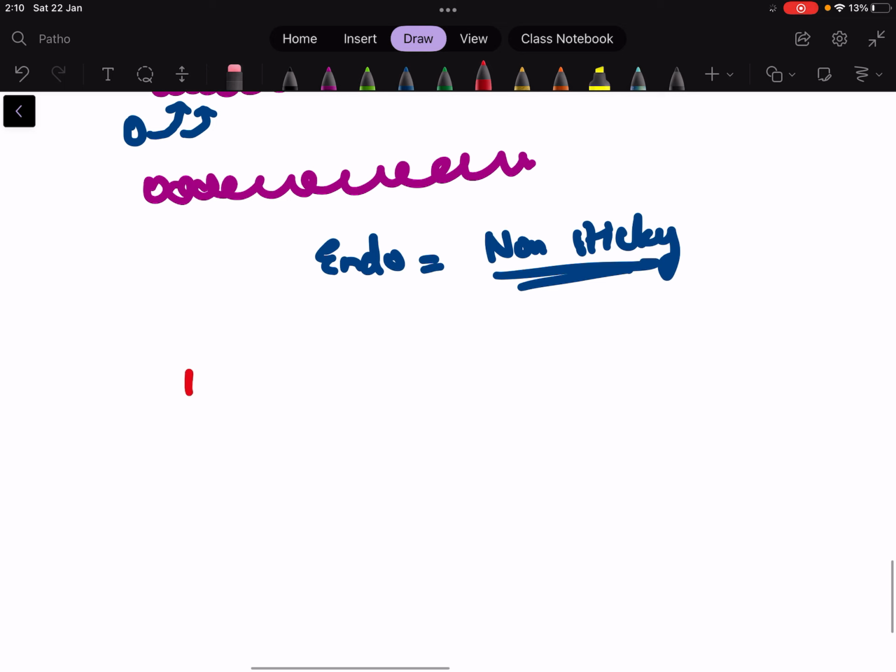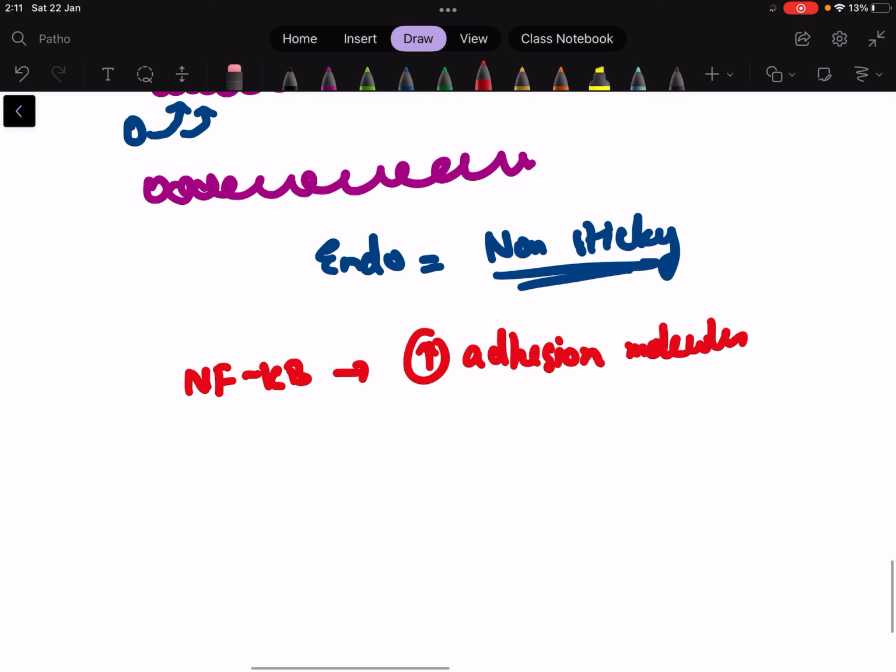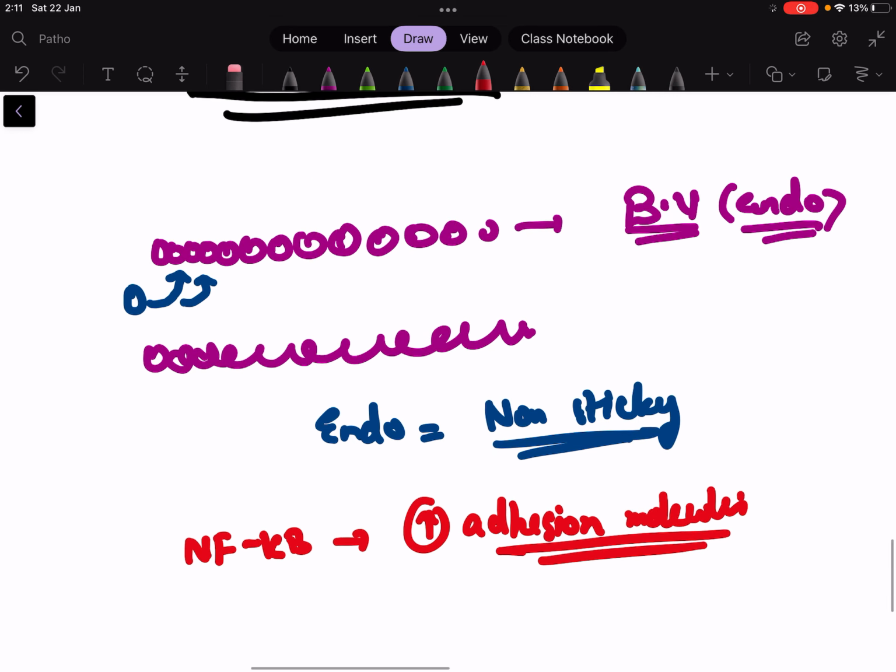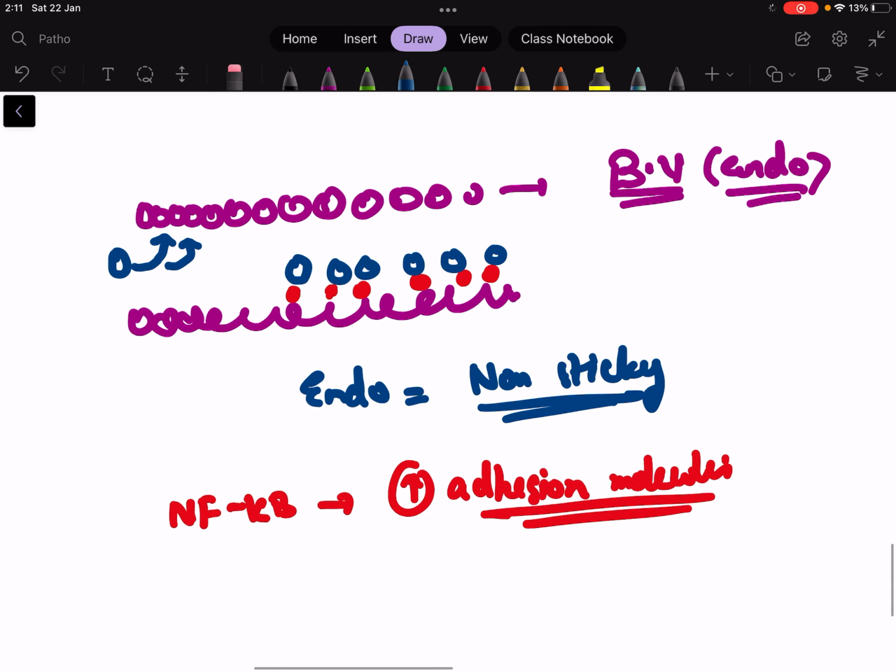But I already told you, once the NF-kB pathway is activated, it will increase the sticky molecules, which are called the adhesion molecules. Once the sticky molecules are expressed on the endothelium like this, the neutrophil will go and get attached to them.